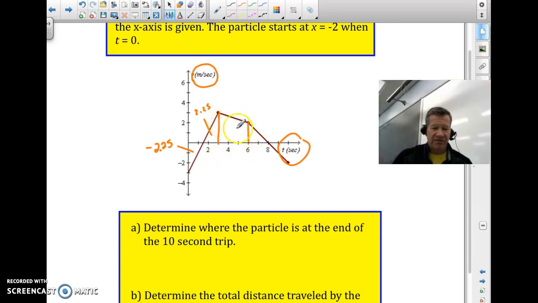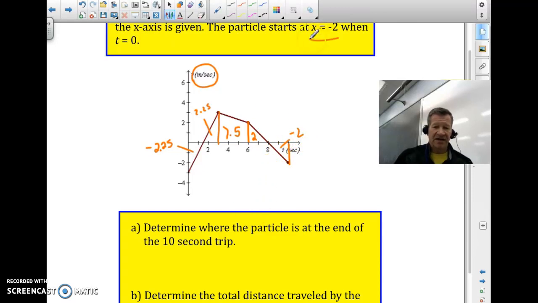So 3 and 2 add up to 5. 5 times 3 is 15, and half of 15 is 7.5. Then I have a triangle that's 2 by 2, so half of that would be 2. And then a little triangle here, which is hard to see because I got this thing circled, but it appears to have a base and height of 2 also. So this will be -2.